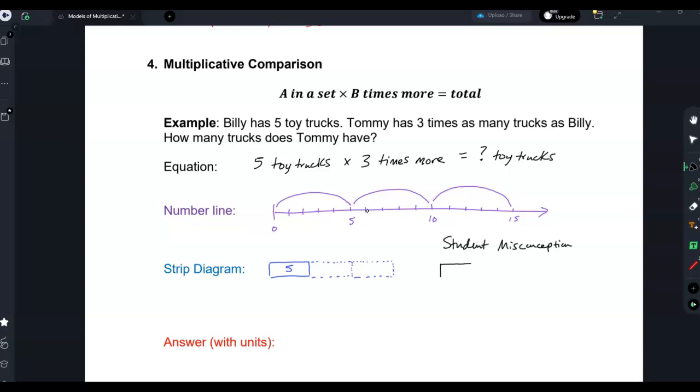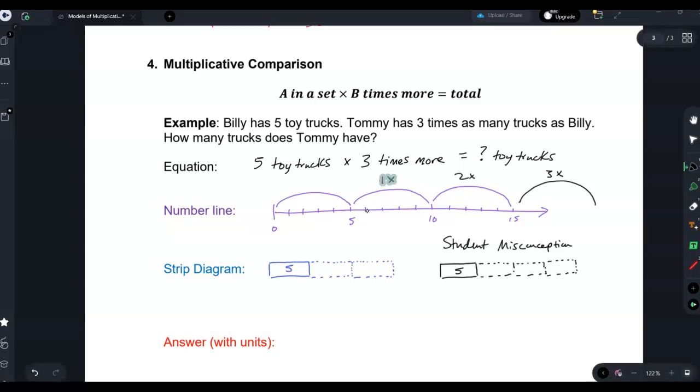A lot of students will start with the 5 and say, oh okay, Tommy has 3 times as many trucks, so let me do 1, 2, 3 times as many. You're going to see a lot of students do that. Or on the number line, you might see them go out saying this is 1 times, this is 2 times, this is 3 times. But that's not really correct.